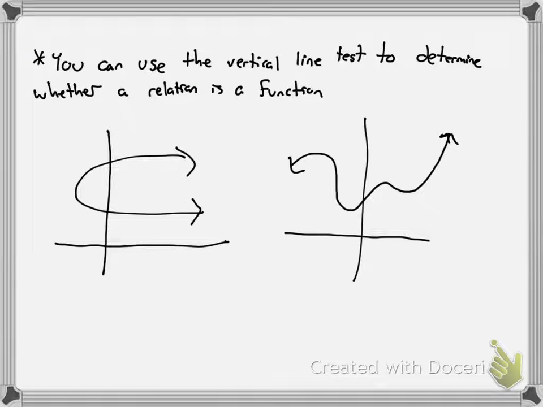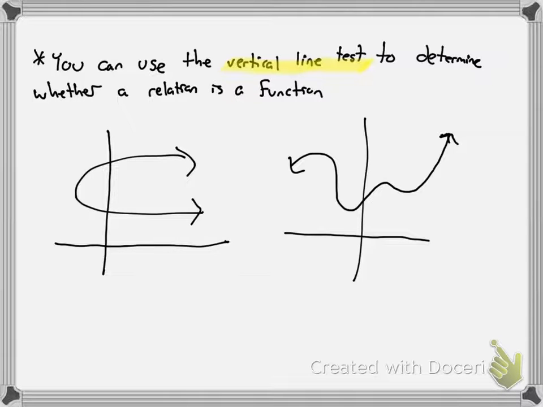Another way you can test to see if something's a function, especially if you're looking at a graph, is something called the vertical line test, which you might remember from algebra. So basically what the vertical line test states is that if you can draw a vertical line through a graph and you only hit it one time, then it's a function. But if you draw a vertical line and that graph hits that same vertical line multiple times, you're not considered a function.